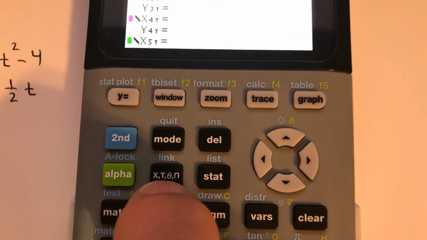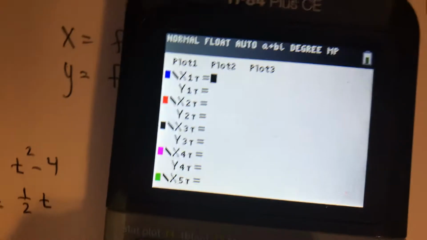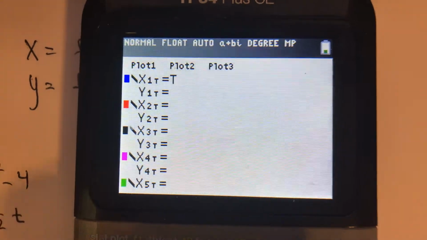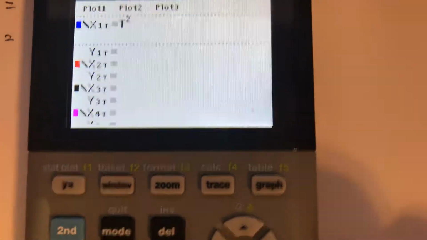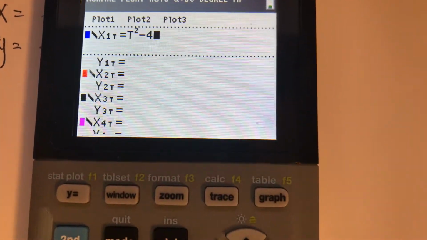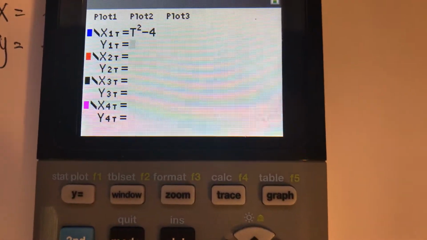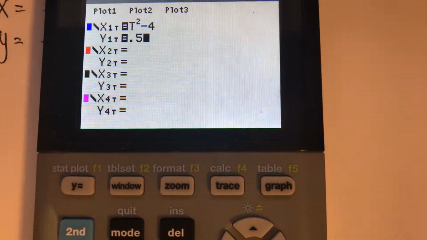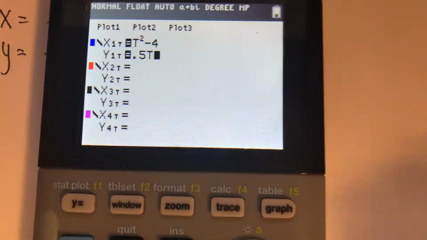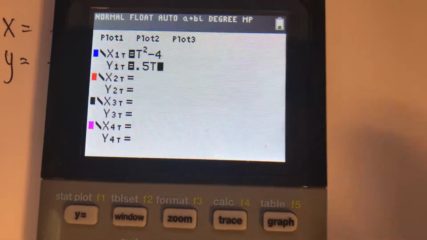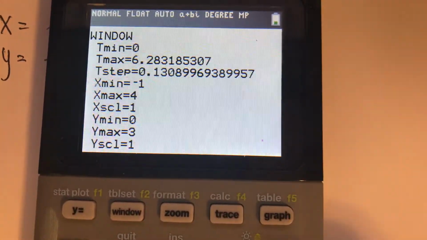Since we were in parametric, my variable is going to be t. So I do t squared minus 4. That's my x. My y is 1/2 times t.